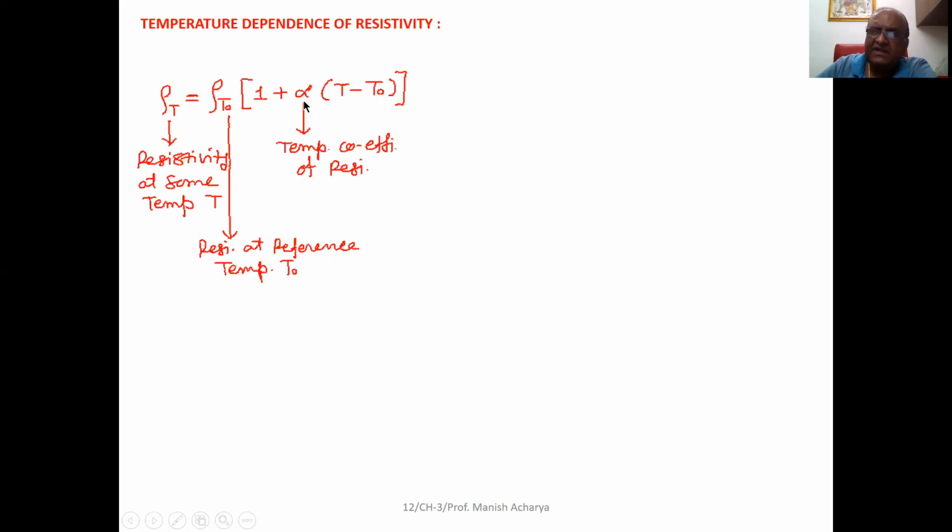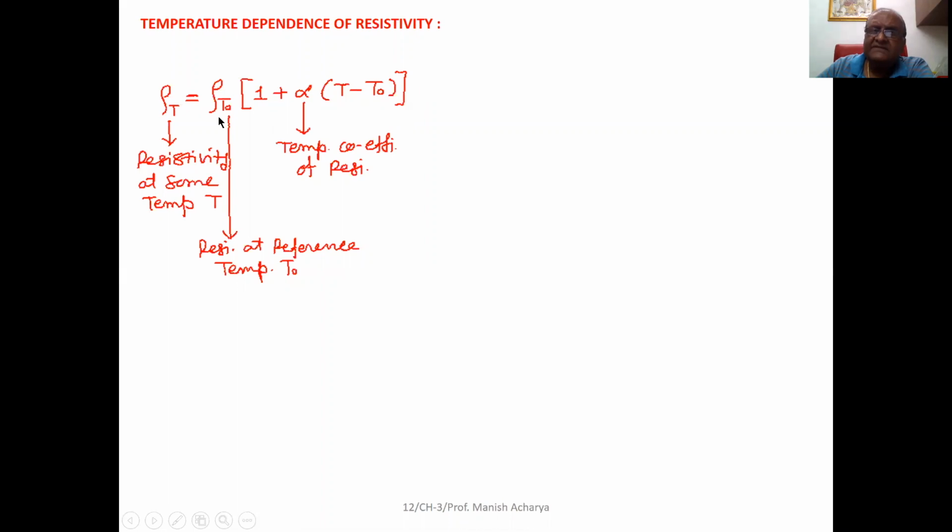Here alpha is known as the temperature coefficient of resistivity, and that will be given to you because it is different for different materials. In the textbook a table of alpha for different materials is given. So one can calculate the resistivity at a particular temperature T using this equation.